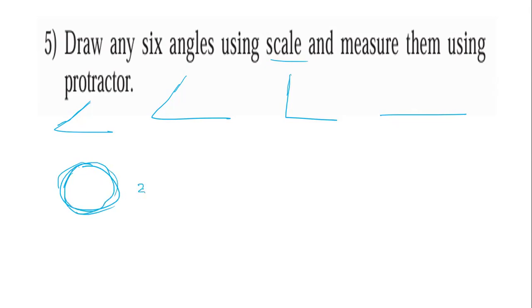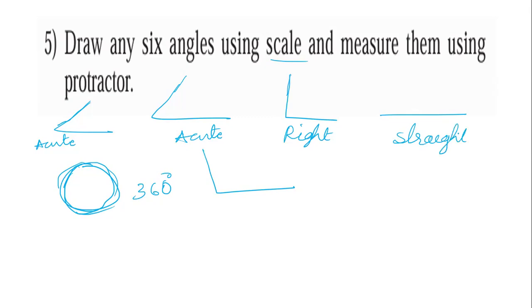This figure indicates 360 degrees. Next, this is obtuse. This is an acute angle. This is a right angle. This is a straight angle. This is an obtuse angle. We can measure by drawing like this. Use a protractor and measure them.